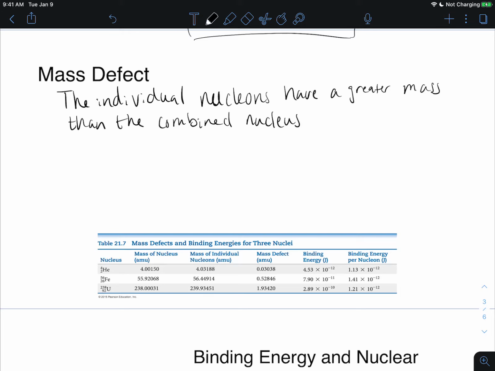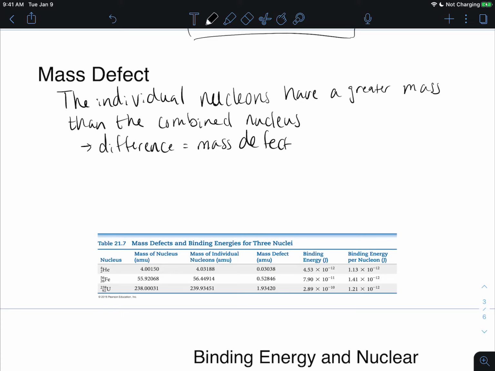So when we combine all the parts, you're going to have a different mass than if they are all individual. This difference is that mass defect.